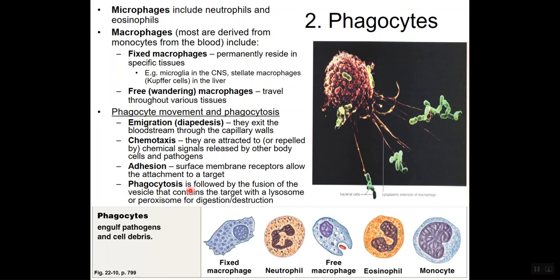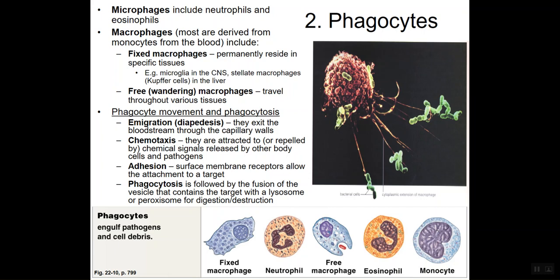So phagocytosis, and then once it's inside of the cell, you destroy whatever you've just eaten with digestive enzymes from a lysosome, or oxidative enzymes from a peroxisome. Those are the two most common ways to actually kill the pathogen once it's been consumed. And here we can see a free macrophage just getting ready to chomp down and surround some sort of little bacterium there.